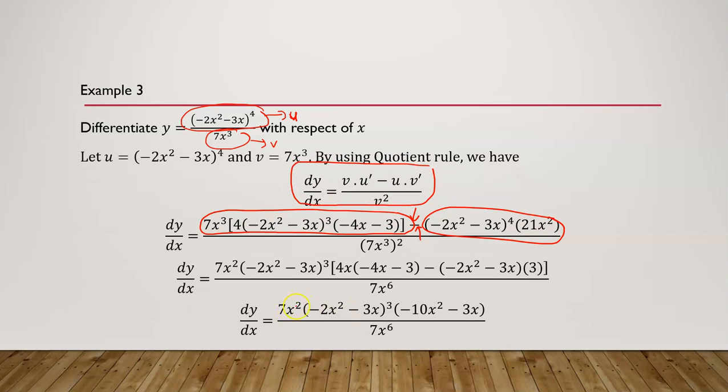So basically, this one we can simplify 7 and 7. Okay, x squared, this one will be left only 4. So you will have only (negative 2x squared minus 3x) cubed, negative 10x squared minus 3x over x power 4, right?